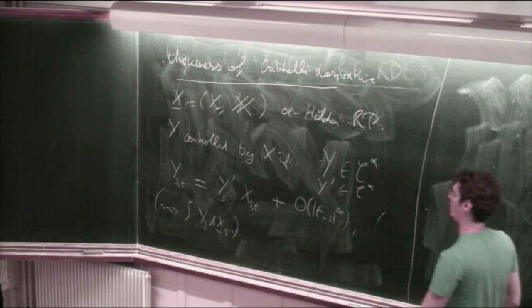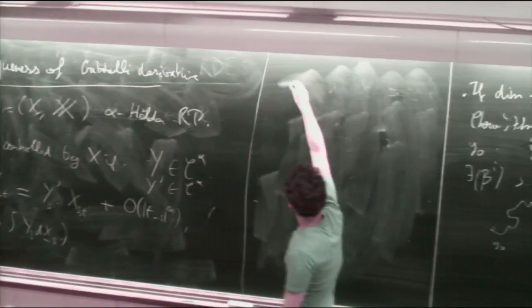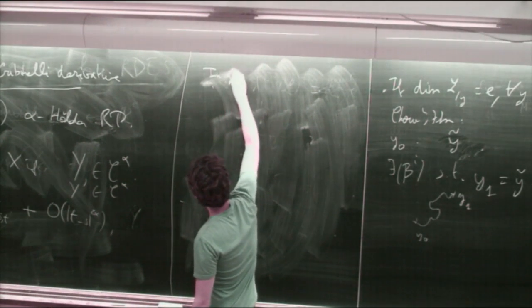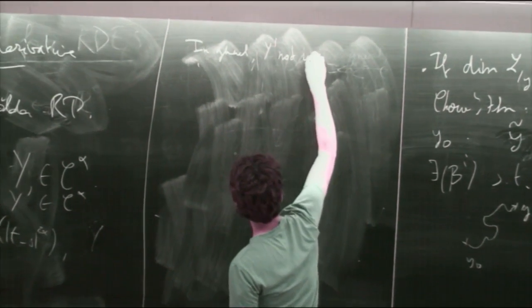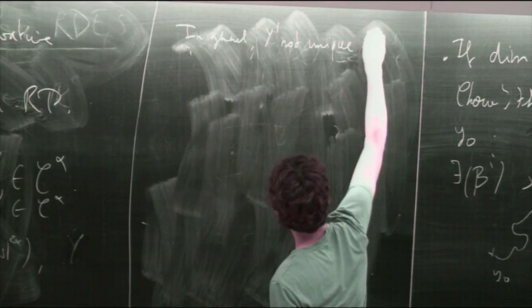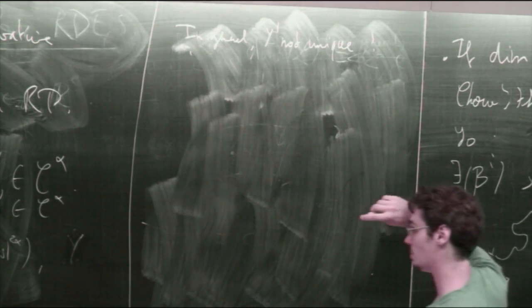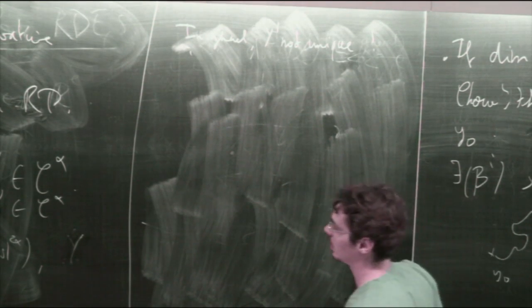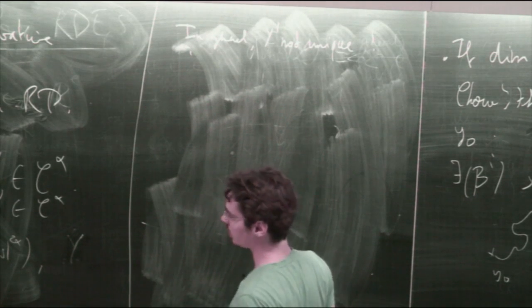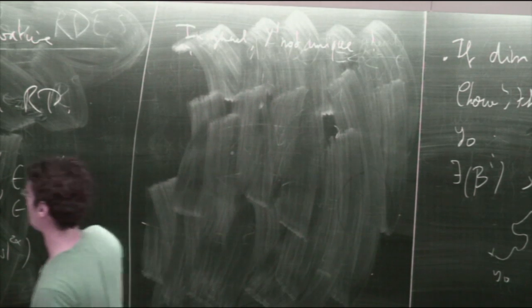Is it unique? Well, of course, in general it's not. For any path, in general, you could have several different y prime. So we have a linear space. It's just this space of control paths.